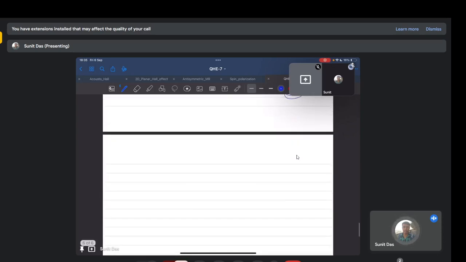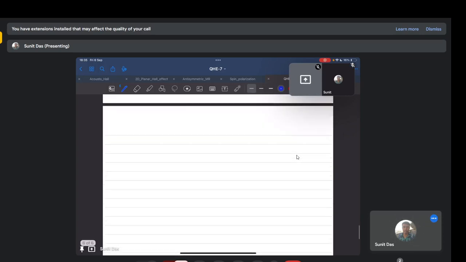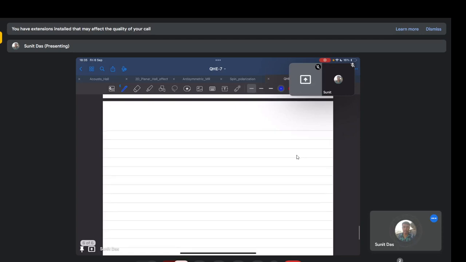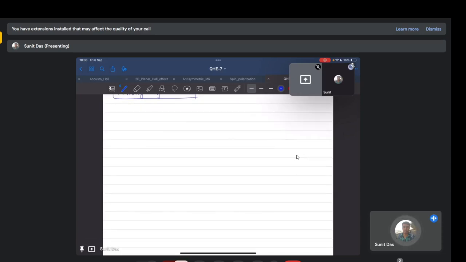So the general expression for density of states is as follows. The density of states simply says how many states there are per unit energy, which is actually given by the following.